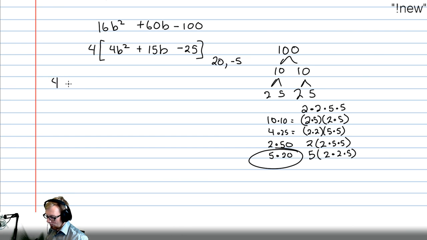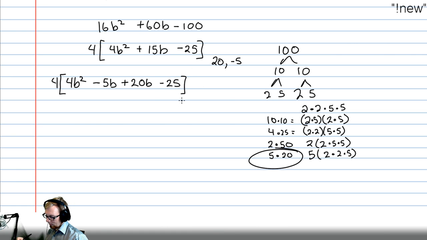Yep. So 4 bracket. What do you got on the inside? 4b squared minus 5b plus 20b minus 20.